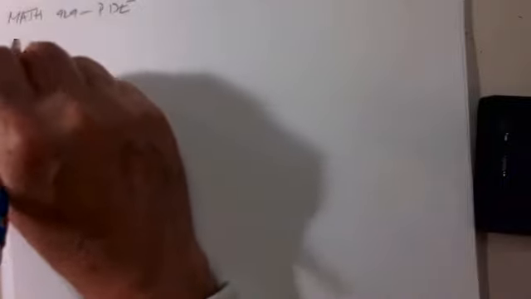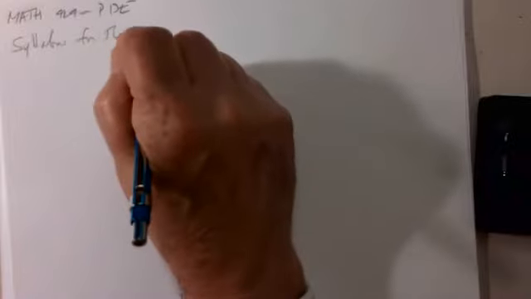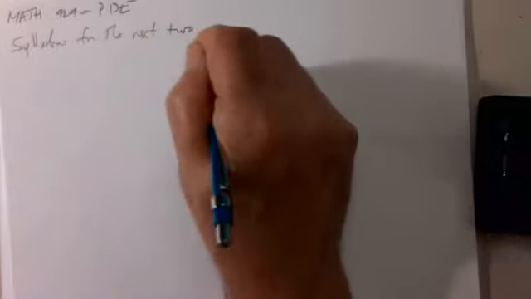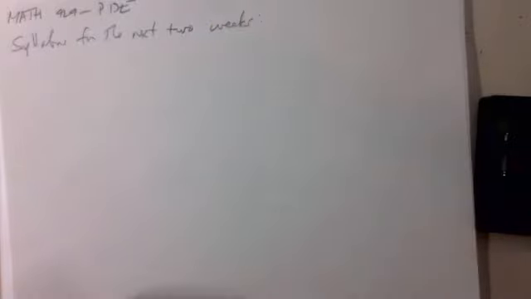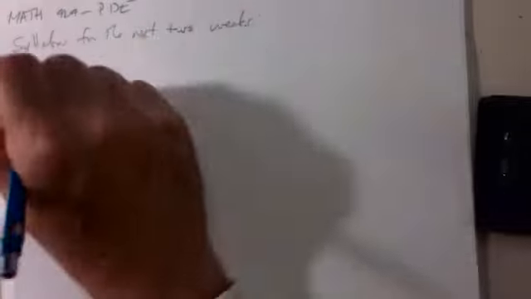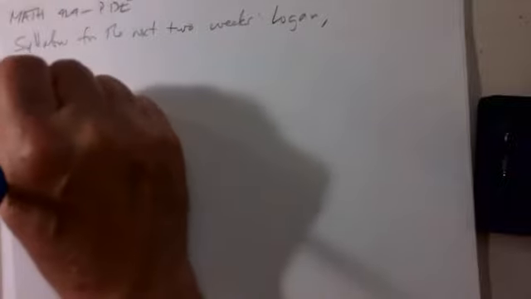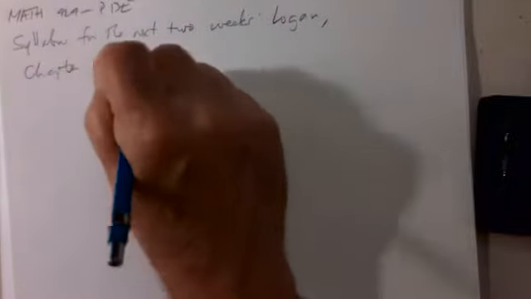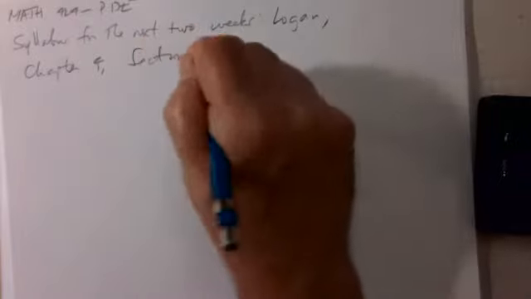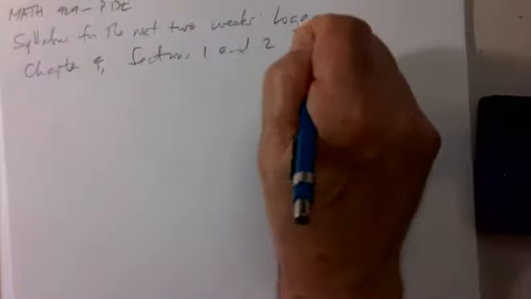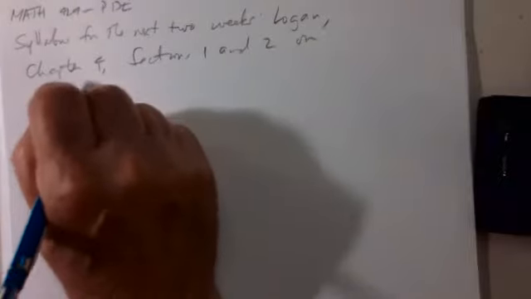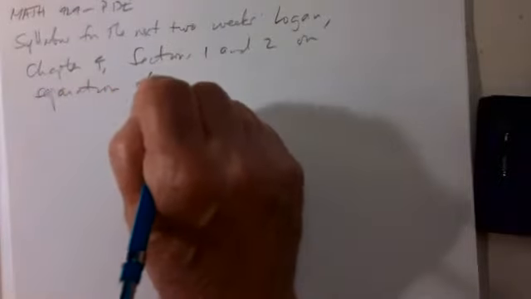What we're going to cover, the syllabus for the next 2 weeks is in the book of Logan, chapter 4, sections 1 and 2, which is on separation of variables.